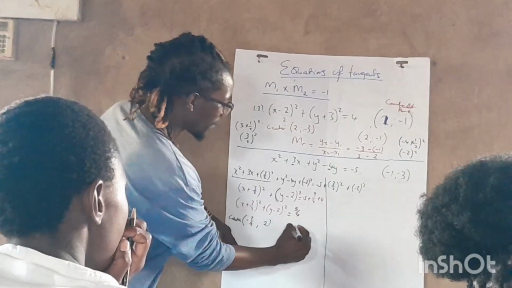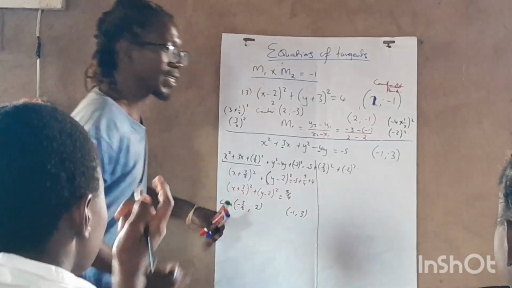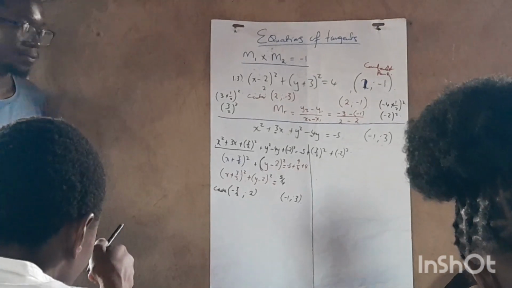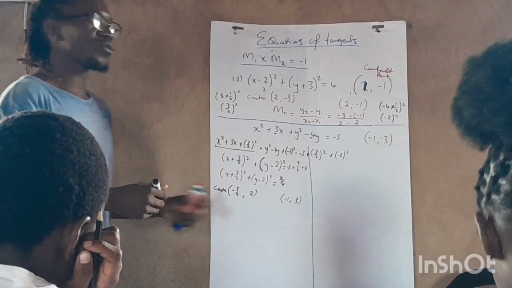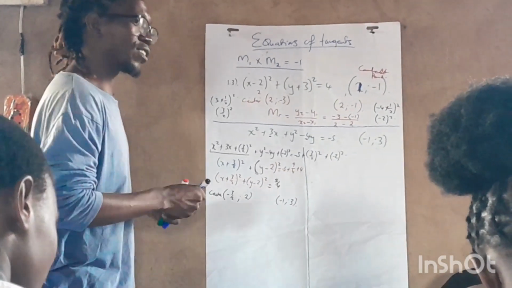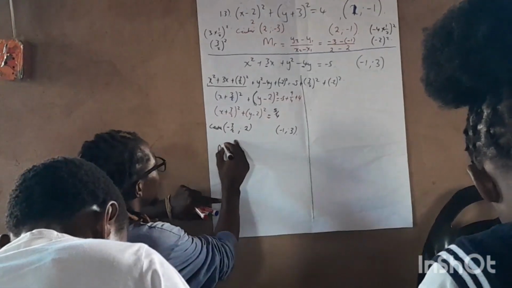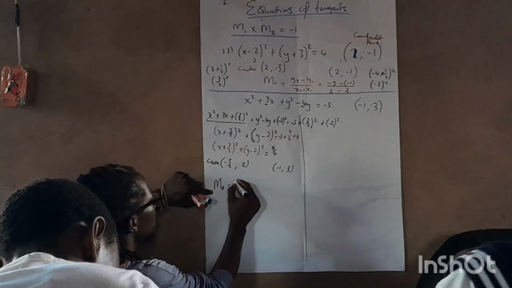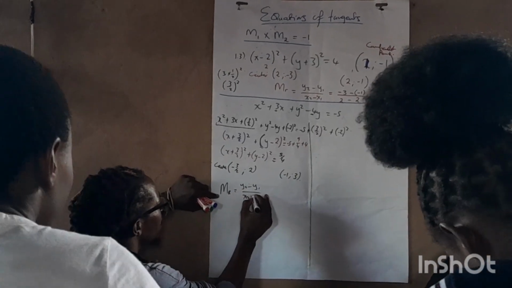And the point of intersection is negative 1 and 3, right? So it means that we are trying to find the gradient of the radius, right? So our gradient of the radius will be y2 minus y1 over x2 minus x1.